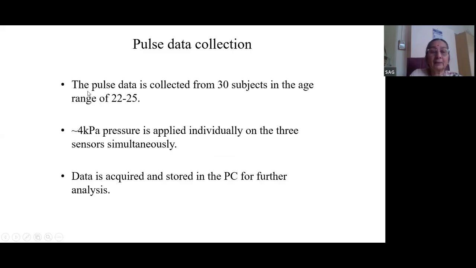Then we took the pulse data from 30 subjects in the age range of 22 to 25. The pressure applied individually on the 3 sensors was 4 kPa, and the same pressure was applied to all the 3 sensors. Data was acquired and stored in the PC for further analysis.